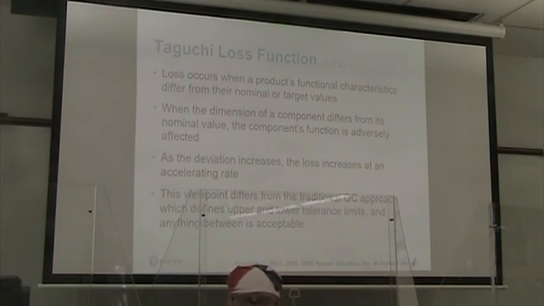So loss occurs when the product's functional characteristics are different than the nominal or target values. When the dimension of a component differs from its nominal value, the component's function is adversely affected. As that deviation increases, the loss increases at an accelerating rate.